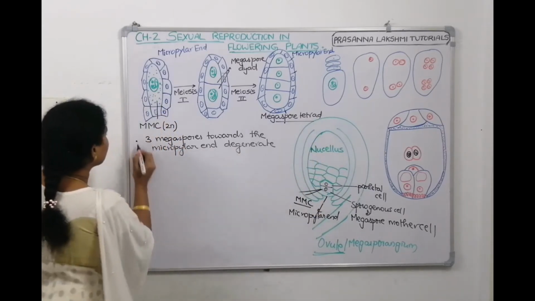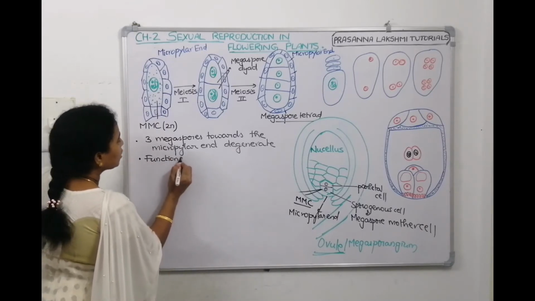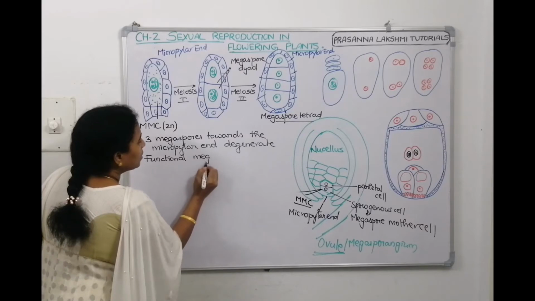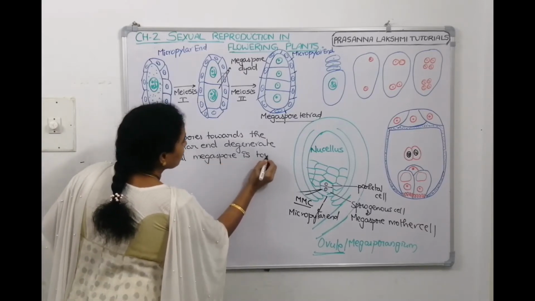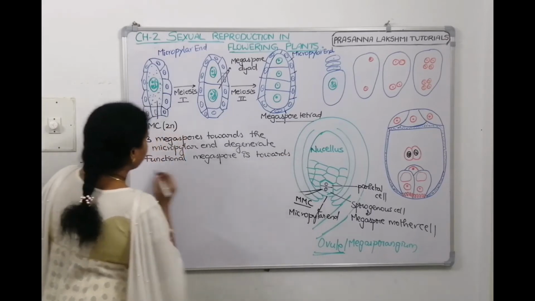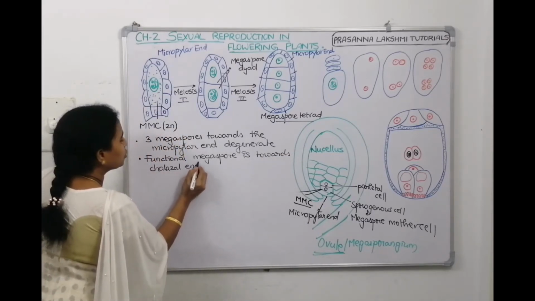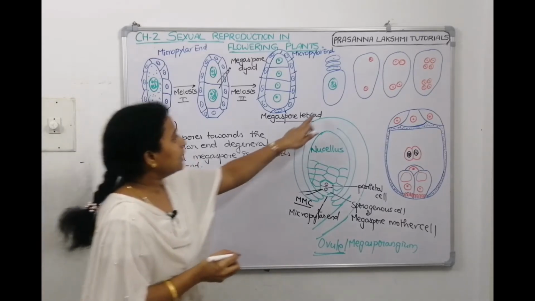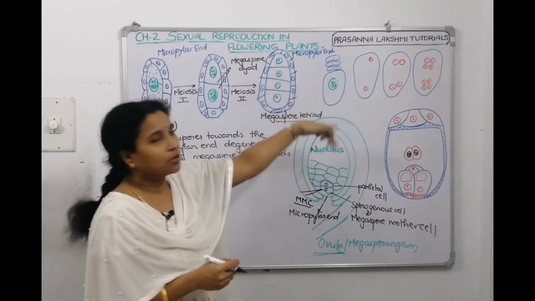So next point, let us write down functional megaspore. Functional megaspore is towards which end then? It is towards the chalazal end. This picture is not there in NCERT. This is the one which I added. Rest all are there.